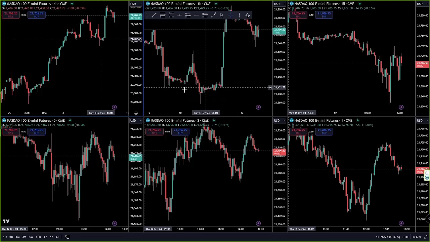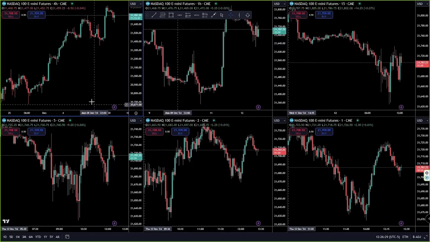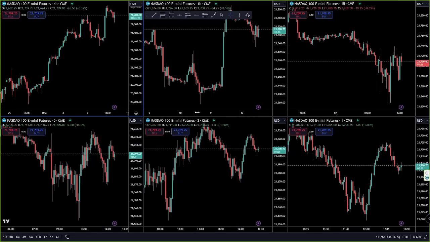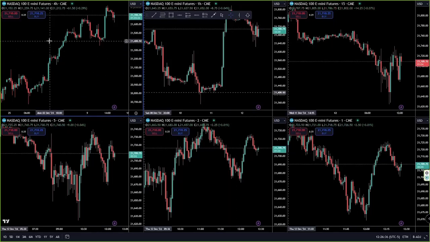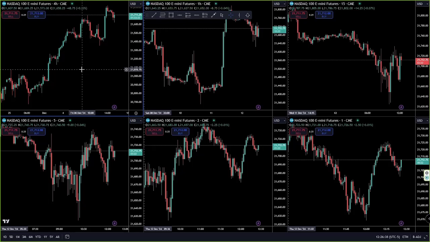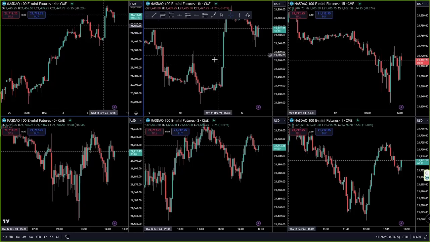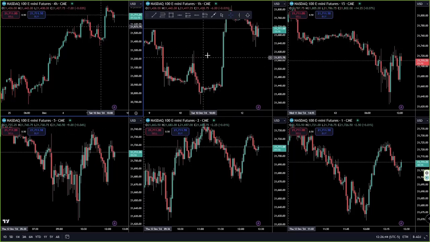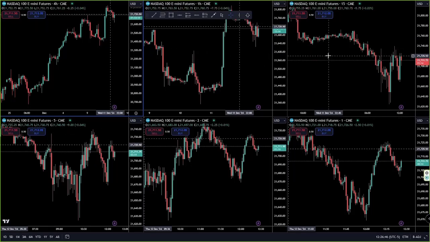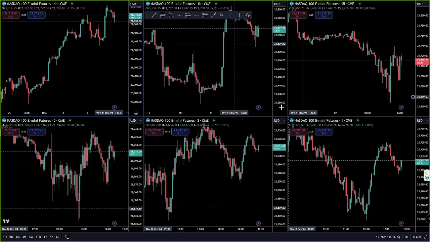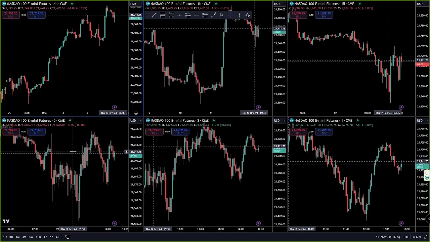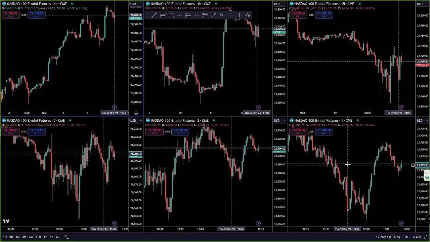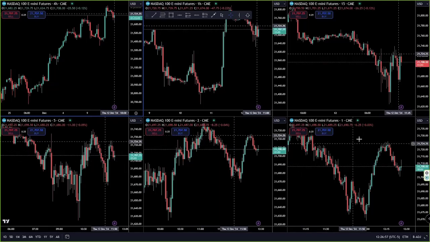All right, so what we have is a screen with 4 charts on it. Starting with the 4 hour, we'll go left to right: the 4 hour, the 1 hour in the center top, and the 15-minute to the top right. Down below we have the 5-minute on the bottom left, the 2-minute in the center bottom, and on the bottom right, the 1 minute.